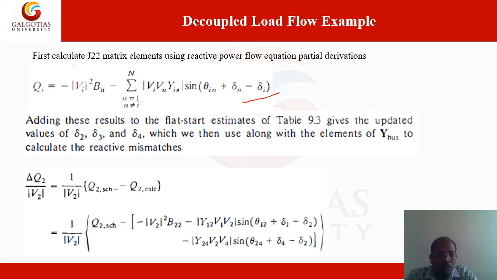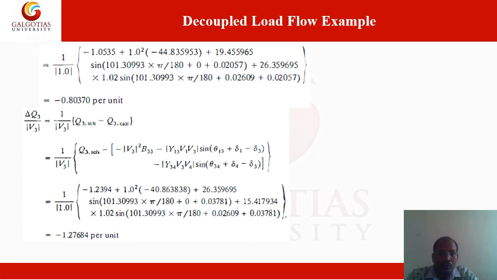But the voltage magnitude we have to take as the initial value. So we calculate this value. Suppose they are differentiating del Q2 with respect to del V3. We get this equation. Here del 2, del 3, del 4 are taken as the updated values, so we finally get this value.